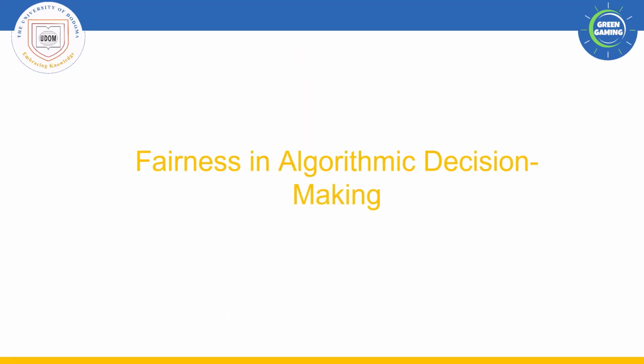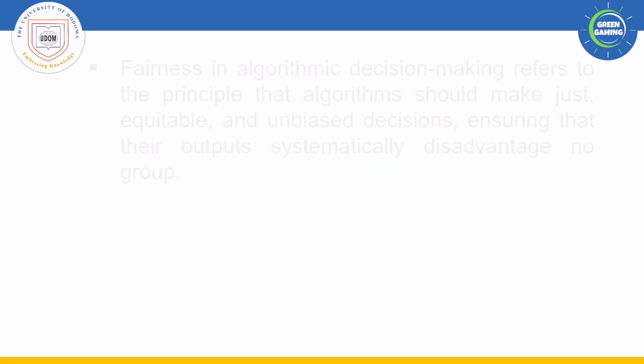Okay, so let's see fairness in algorithmic decision making, right? Fairness in decision making is crucial. Algorithms must strive to make decisions that are just, equitable, and unbiased, ensuring no group is systematically disadvantaged. This is especially important in sensitive areas like hiring, lending, law enforcement, and healthcare, right?